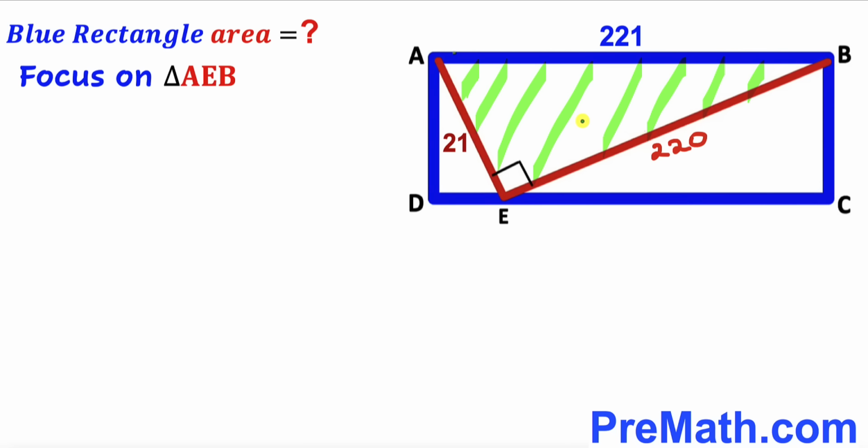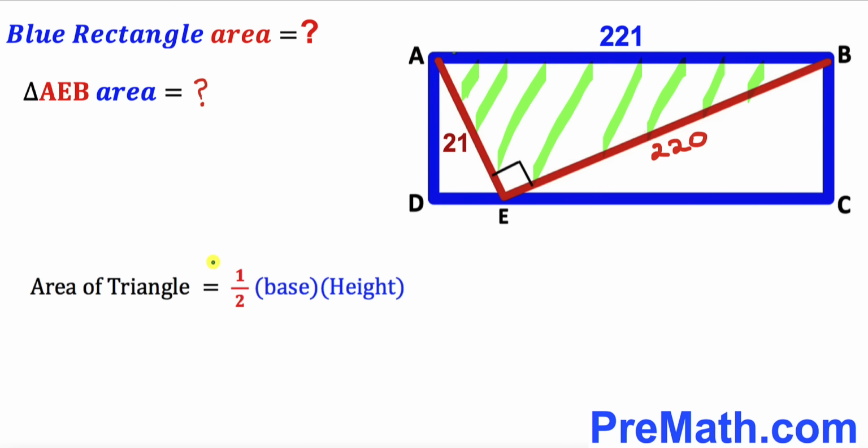Now we focus once again on the right triangle AEB and calculate its area. Let's recall the area of a triangle formula: area equals a half times base times height. In our case, the base is 220 and the height is 21.